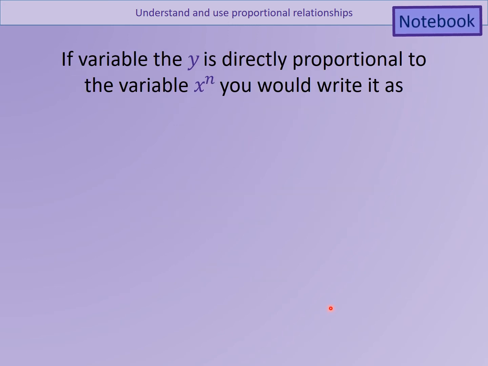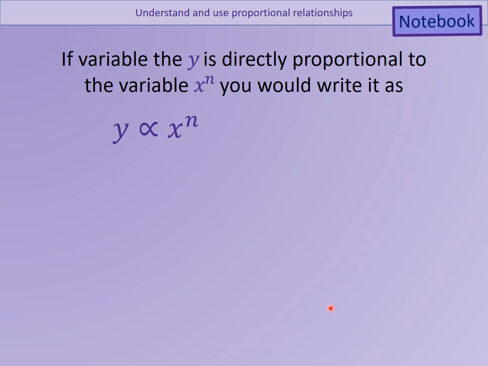Okay, so let's just look at some other key language. If the variable y is directly proportional to the variable x to the power n, does it matter if you had a different function, like in this case x to the power n, some type of polynomial function, for example? Does that change how we do proportionality? And the answer is no. We still have y is proportional to x to the power n.